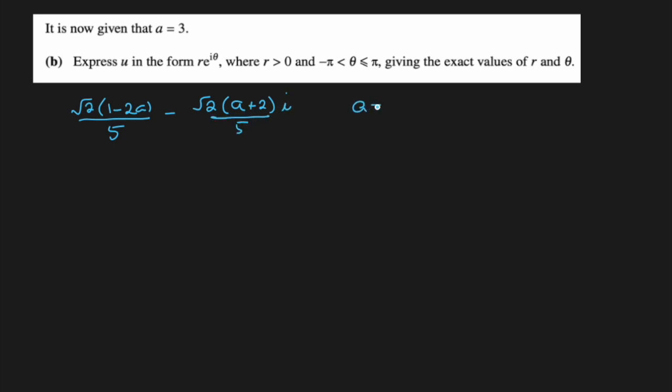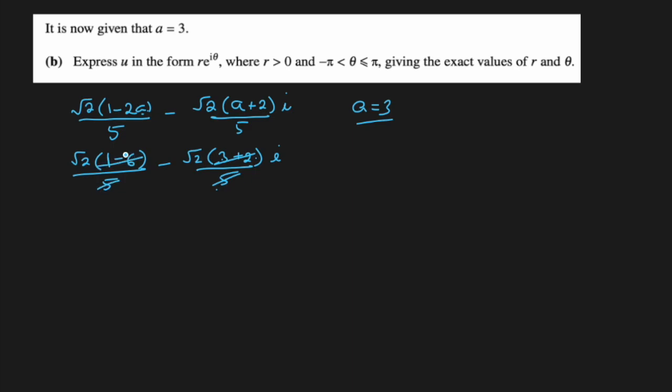Now they're saying a is equal to 3. So we'll substitute a equal to 3. Square root 2 times 1 minus 2 times 3, which is 6, over 5, minus square root 2 times 3 plus 2 over 5 i. 3 plus 2 is 5. They're multiplying, so cancel out. 1 minus 6 is negative 5.